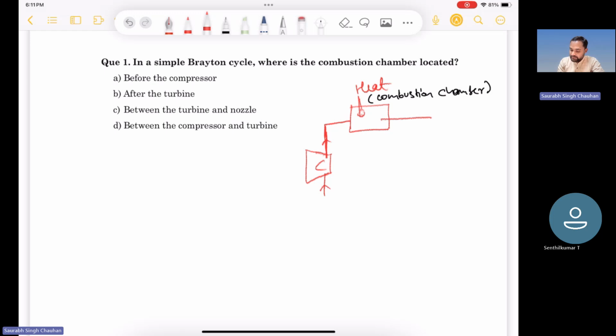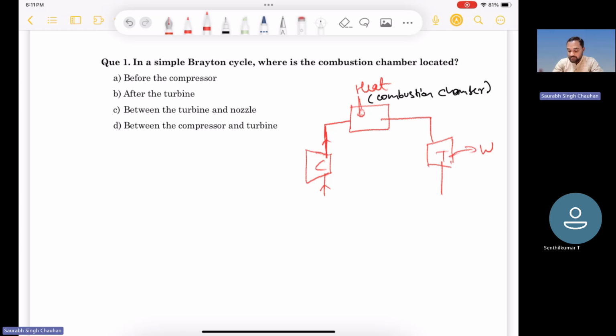These high pressure and temperature gases are used for running a turbine. From the turbine, we get the work output. The gases coming out of the turbine can be thrown into the environment if it is an open cycle, or recirculated to the compressor if it is a closed loop cycle.